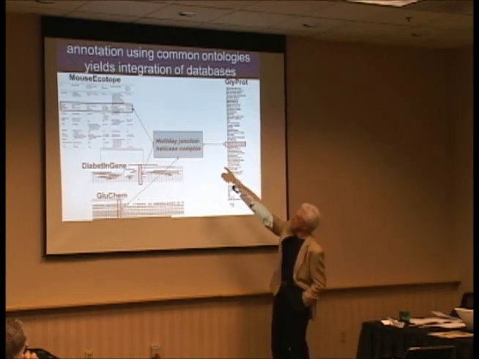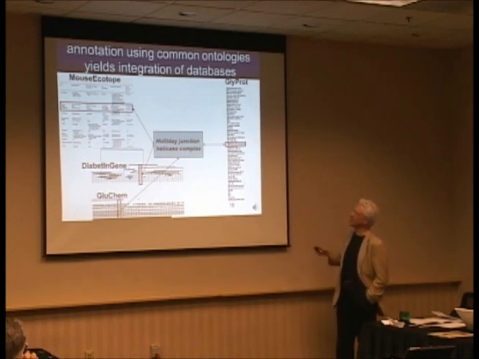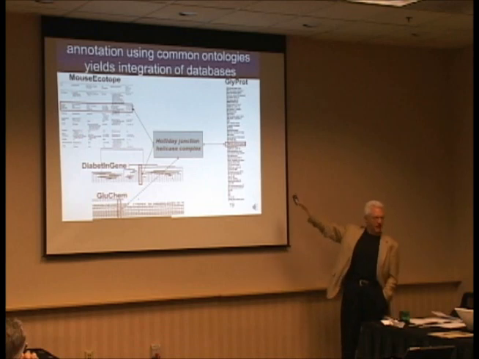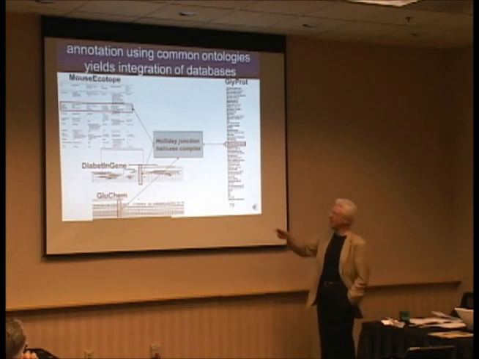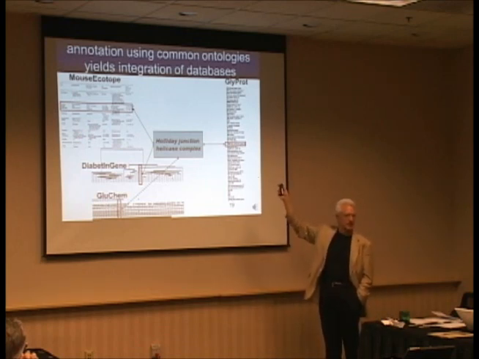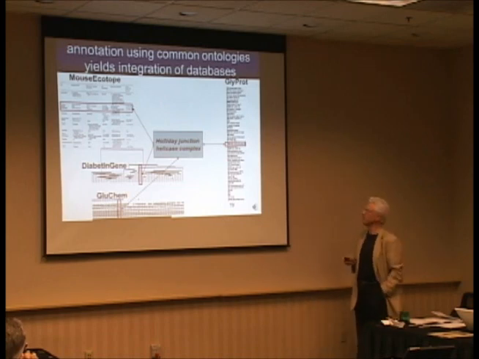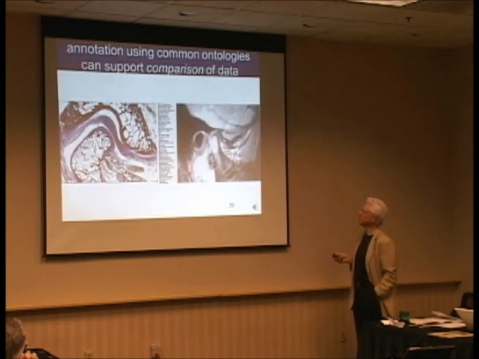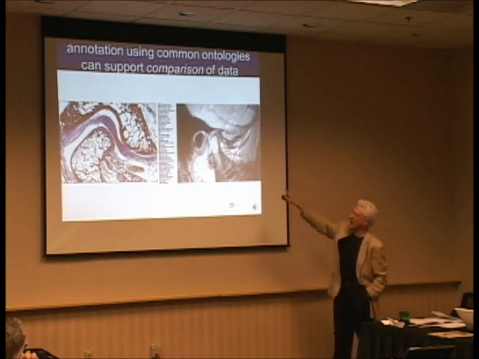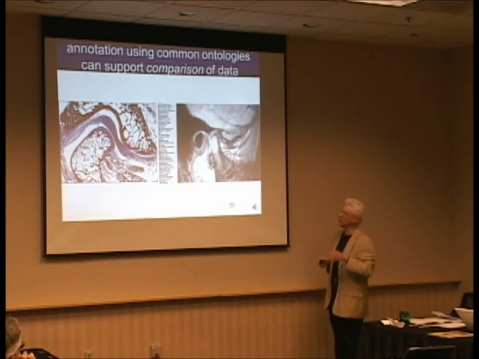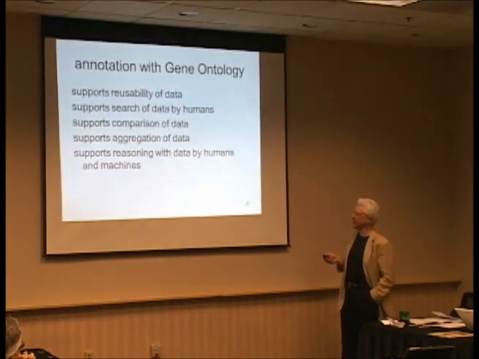So you can find everything relevant to the Holiday Junction helicase complex in every database, and there are many of them which have been annotated using the GO, immediately. So you can search through 100 or 200 databases to find exactly what is relevant to your specific phenomenon of interest. You can compare images of the same phenomenon. You can pull in the images, again, by using the fact that gene ontology has been used to annotate different image corpora.